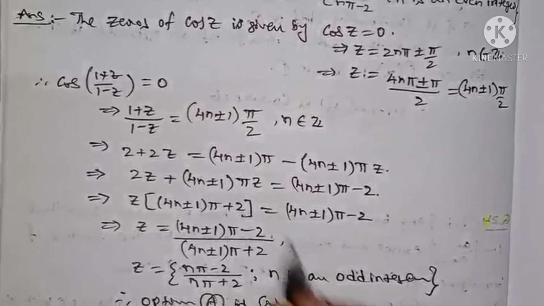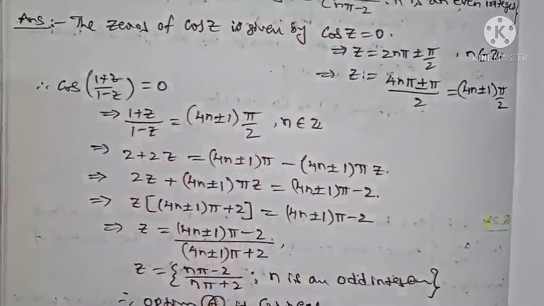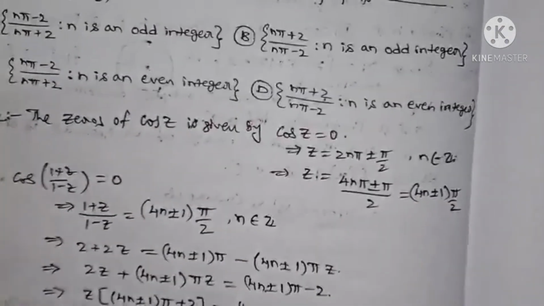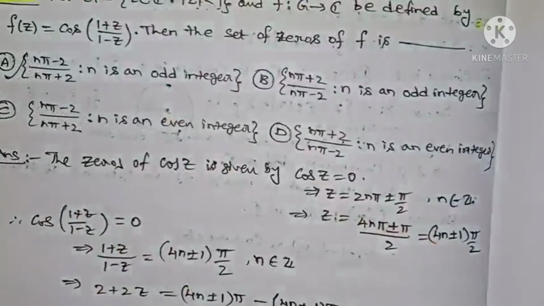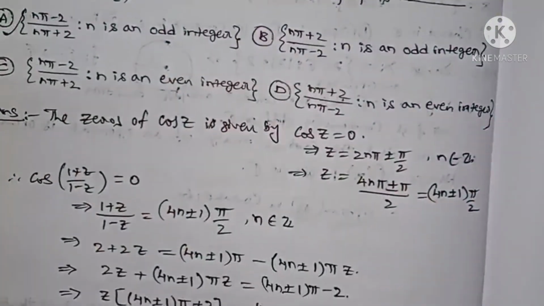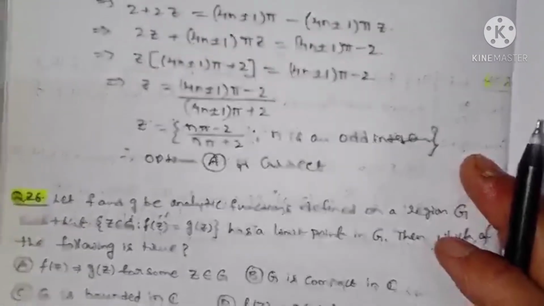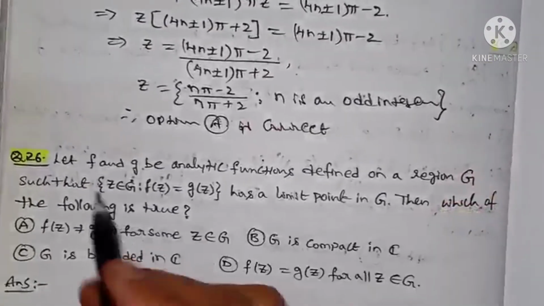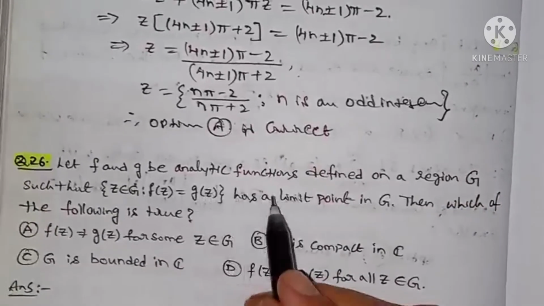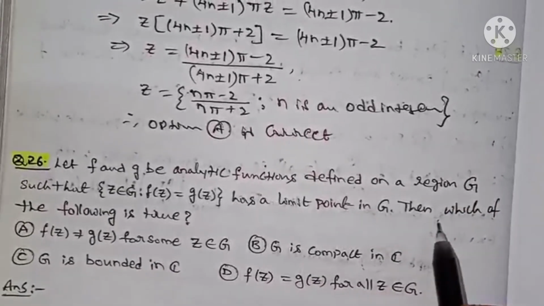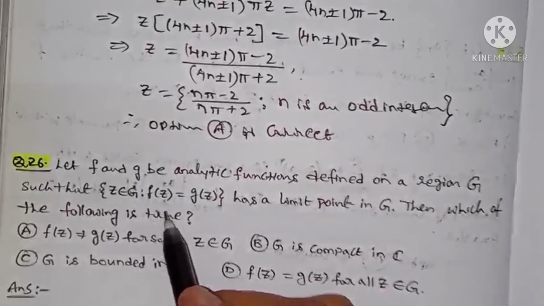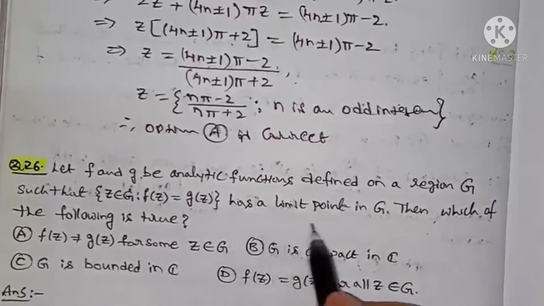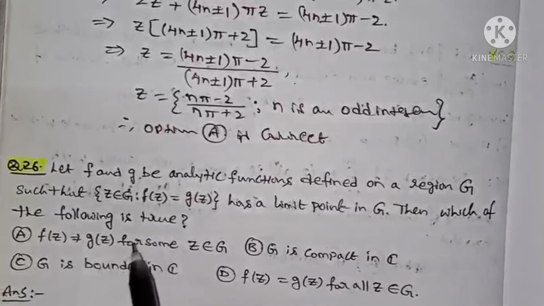Is it clear? So our option number A is correct. Last we have question number 26, and here the question is: let f and g be analytic functions defined on a region capital G such that the set of all z belongs to G such that f of z is equal to g of z has a limit point in G, then which of the following is true?